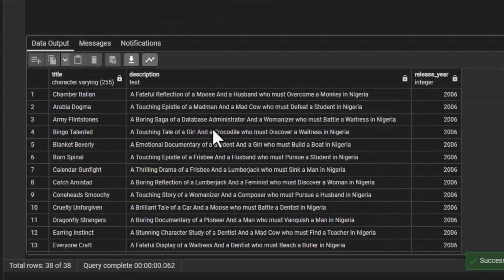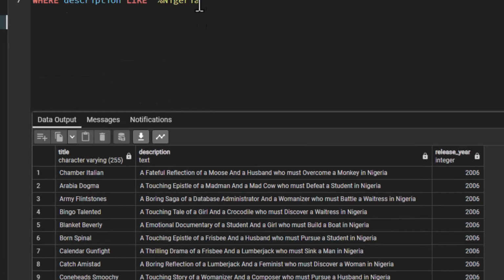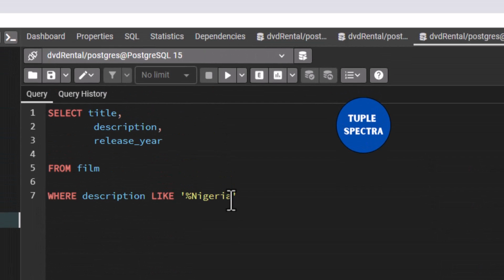Very good. You can see we still have the same 38 rows, even though I took out this percentage right here, and that's because in this description there are one or more characters before the word Nigeria. Do you get that right now?